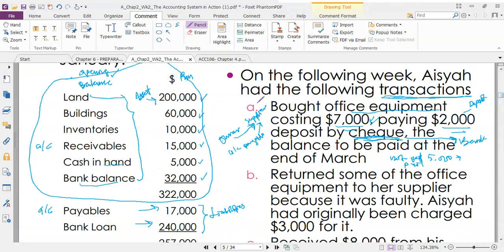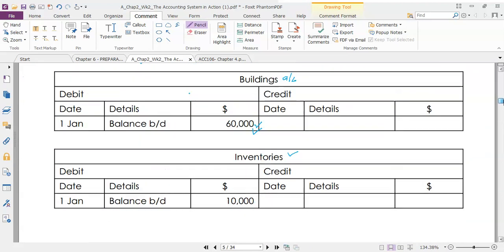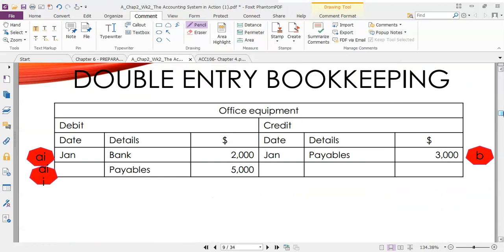On the first transaction, bought office equipment, the cost is 7,000, but then we paid only 2,000 for deposit by check. The balance we paid at the end of March. So let's look at the office equipment, the last T account for office equipment.